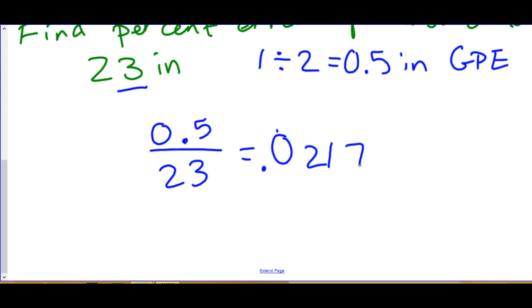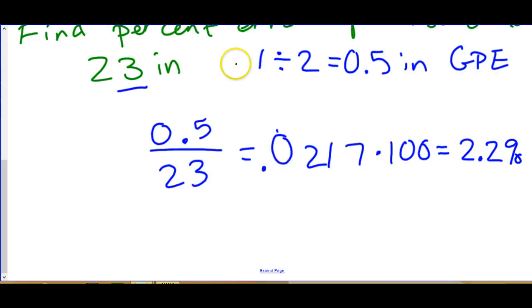We multiply by 100 to make it a percent, which is 2.17. Usually they want you to round to the tenths, so 2.2%, or if they wanted you to round to the percent, then it'd be 2%.